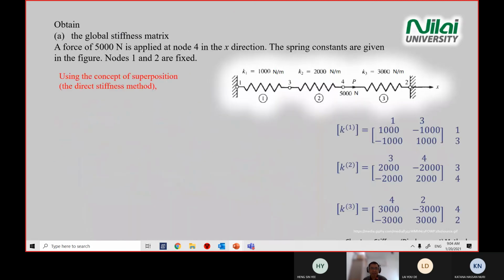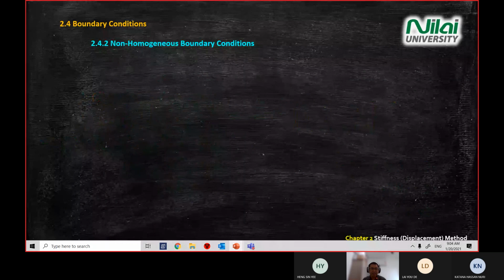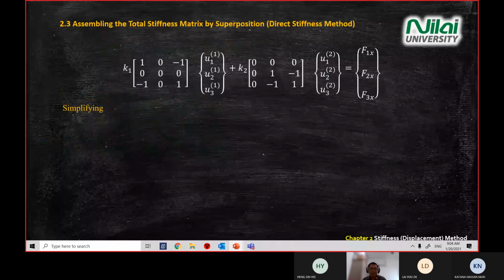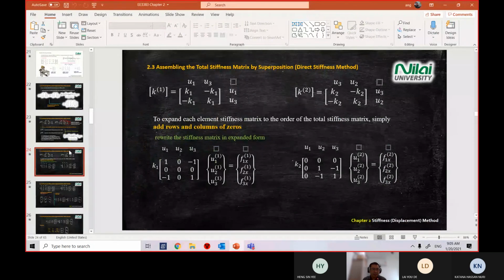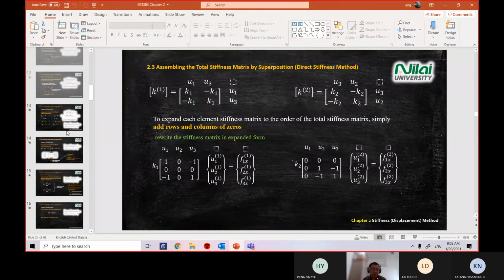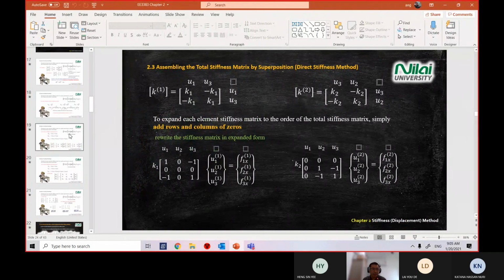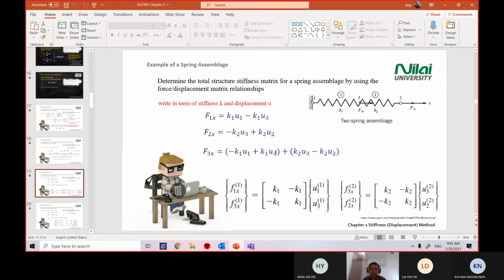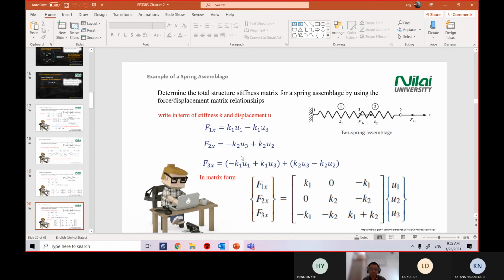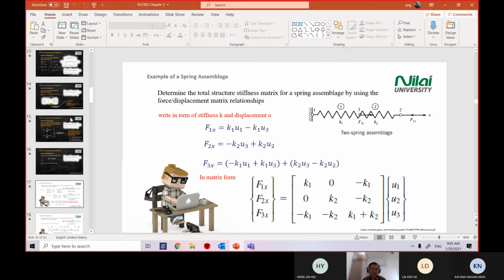Okay, I need to go back to our previous slides. We already explained how to get this. This is an example of how we get 3 equations into 3 times 3.